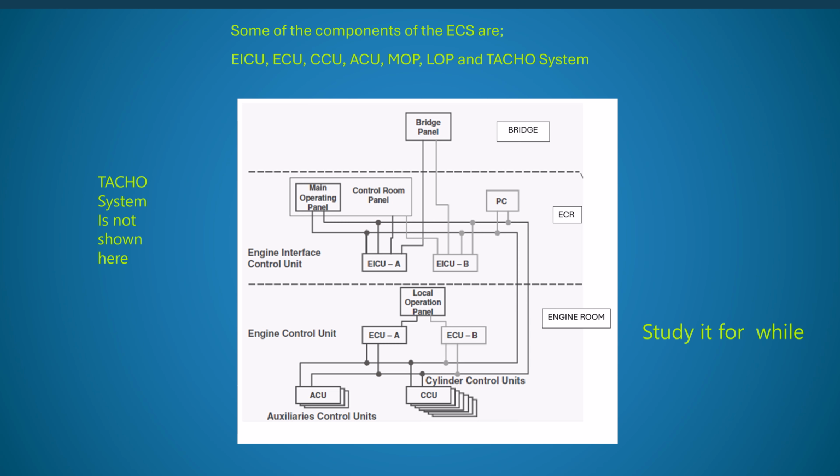So the CCU handles fuel injection, exhaust valve actuation, cylinder lubrication, and the starting air valve. Four functions are carried out by the CCU. The starting air valve opens whenever required, for whichever unit is due to receive air as per the position of the unit and the desired running direction.